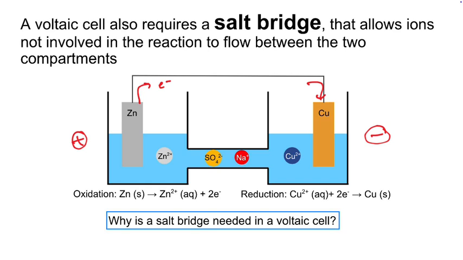While this electric flow starts to build a negative over here, I'm going to start shuttling negative ions the other direction, so that those negative ions can counterbalance and neutralize that buildup of charge. So how important is that salt bridge? It's what actually allows for the completed circuit for your electrons. Without that salt bridge, you don't have a battery. You just have a bunch of chemicals in a couple pots.